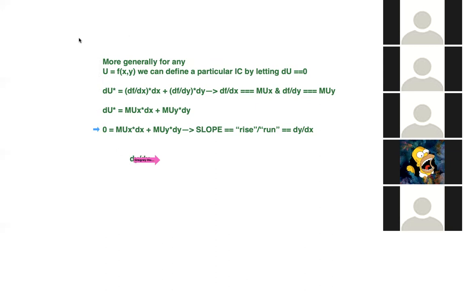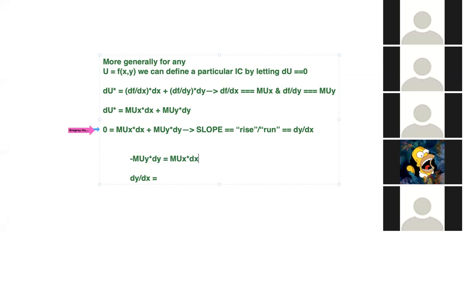Let me back up a little bit. That's what I want to solve for, but I'll go ahead and do the steps. The next step would be minus MUY times dy is equal to MUX times dx.